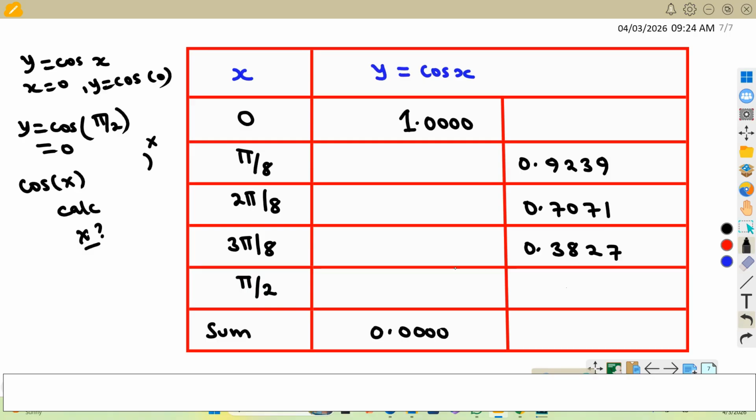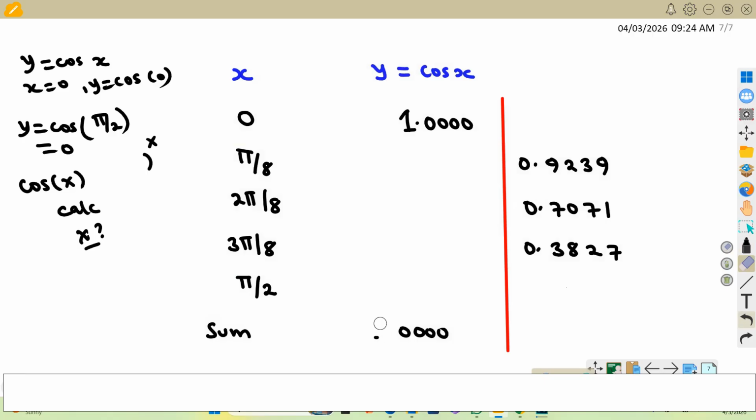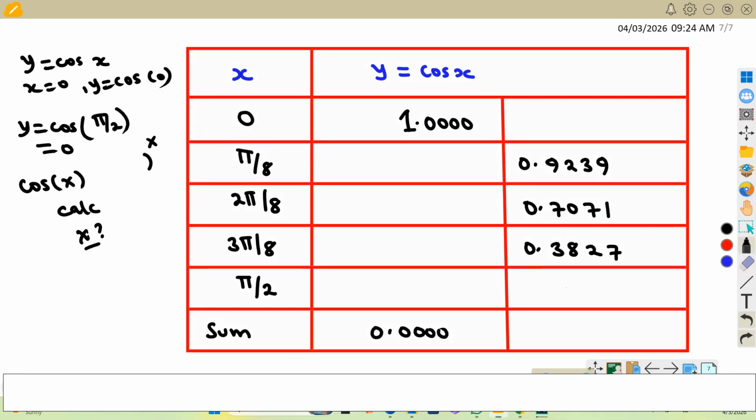So from there, get the sum. Okay. There is a mistake here. So this one here should be here. Okay, so make that correction there. So we should have this one here. So that is 0.0000.